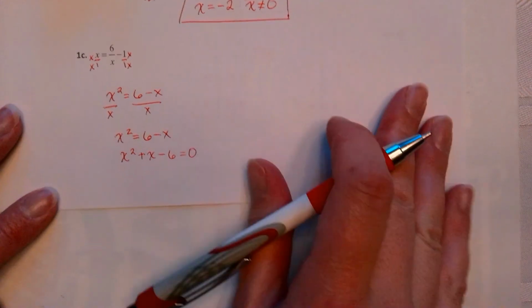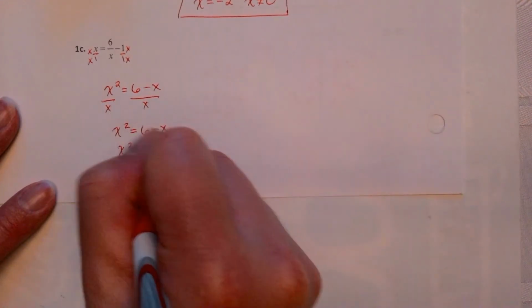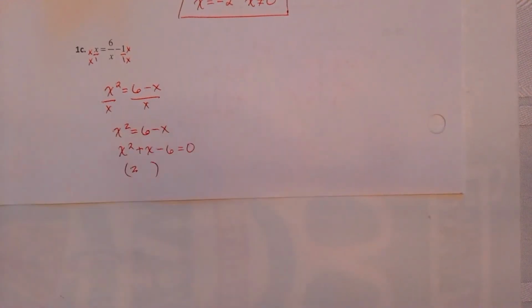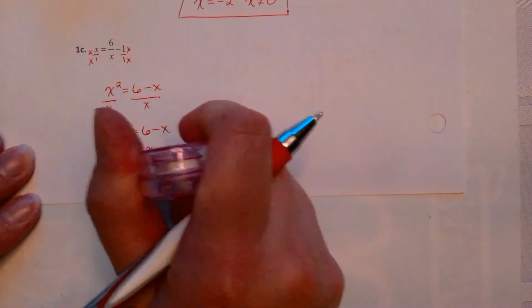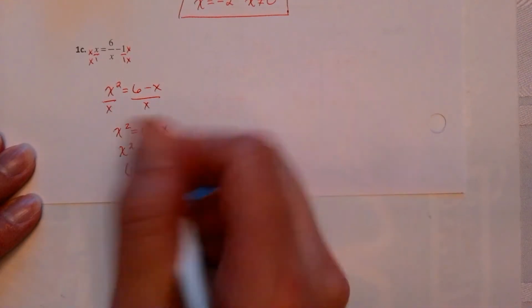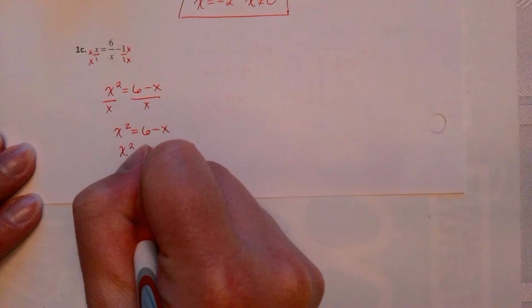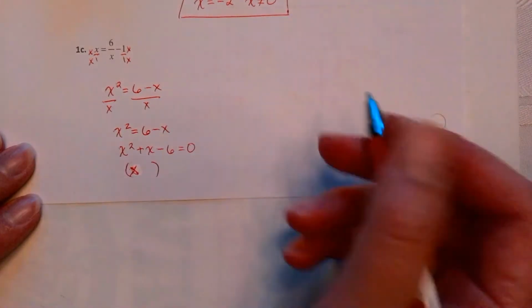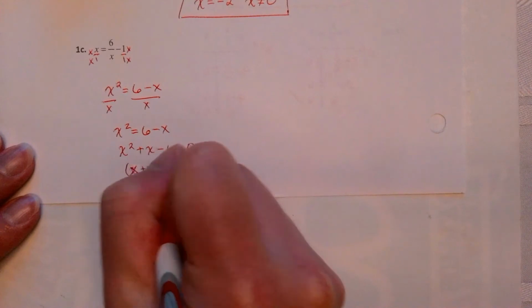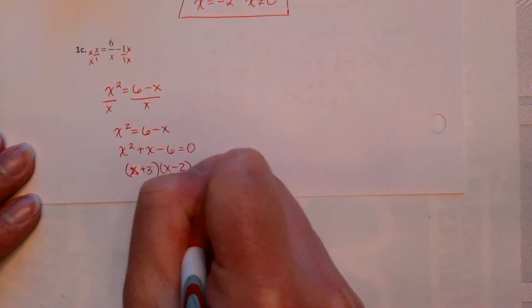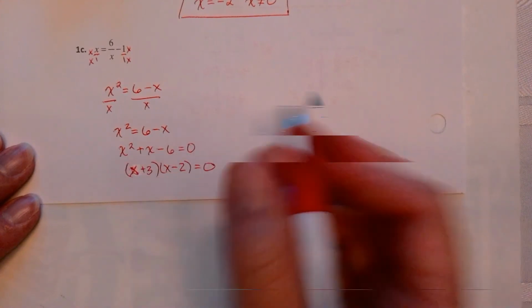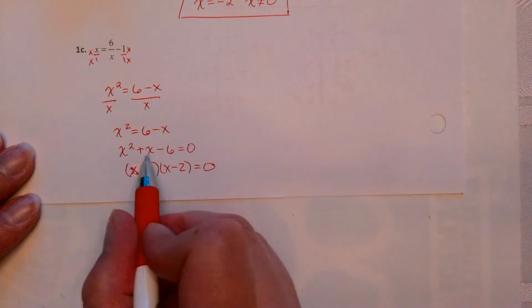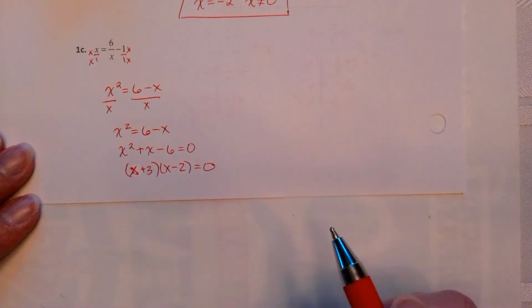So looking at this, I'm going to factor it, and it should be an x. I got a little overzealous there. So I'm going to have x, maybe. That's not looking so good. Okay, so I'm going to have x plus 3, x minus 2. Again, always double checking our signs, that they multiply right to -6 and they add up to 1.